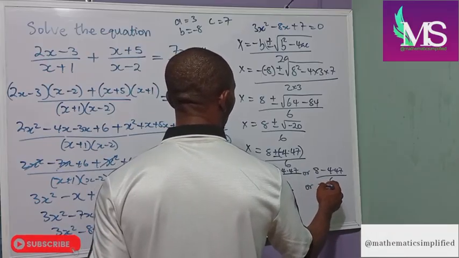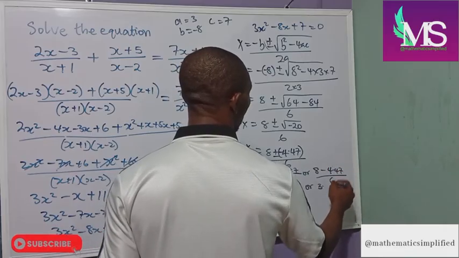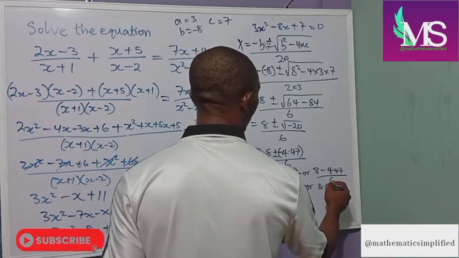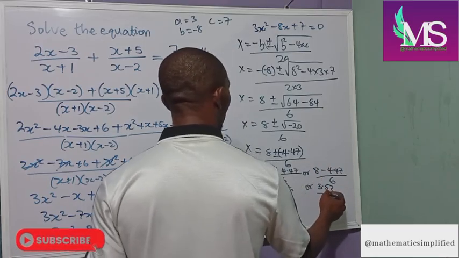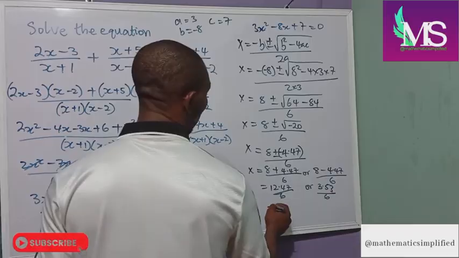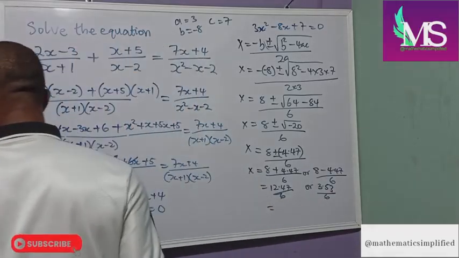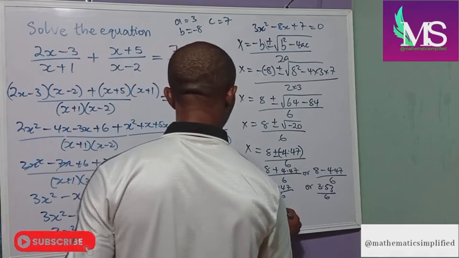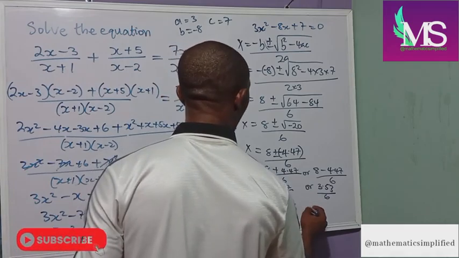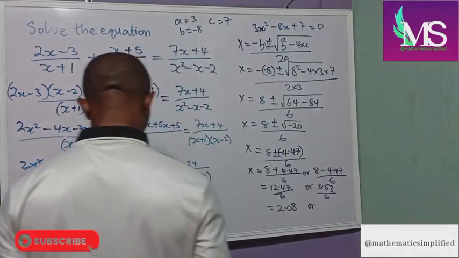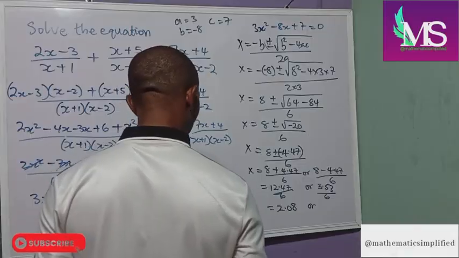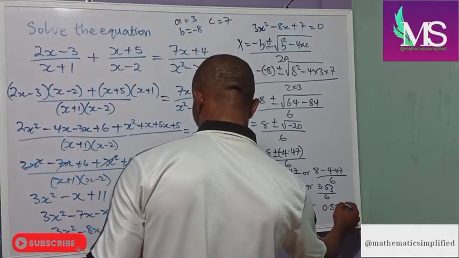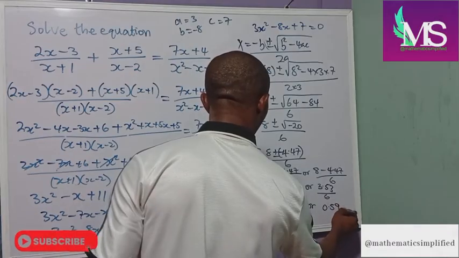If we do this, we are having 12.47 over 6, or 3.53 over 6. When we divide 12.47 by 6, we get 2.08 approximately, or 3.53 divided by 6, we get 0.58, 0.59 approximately.